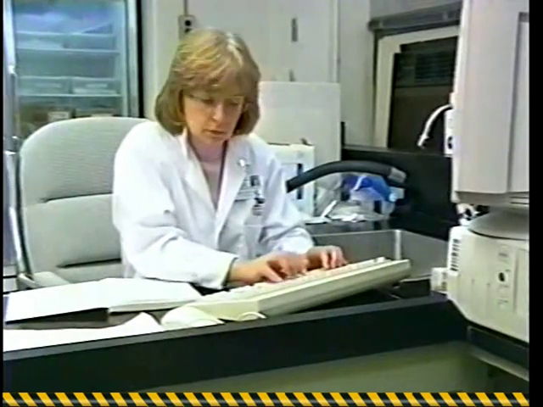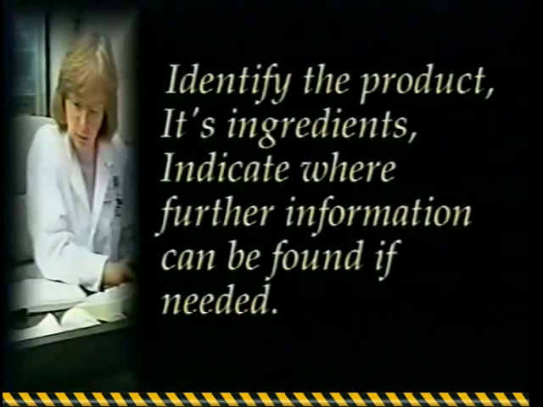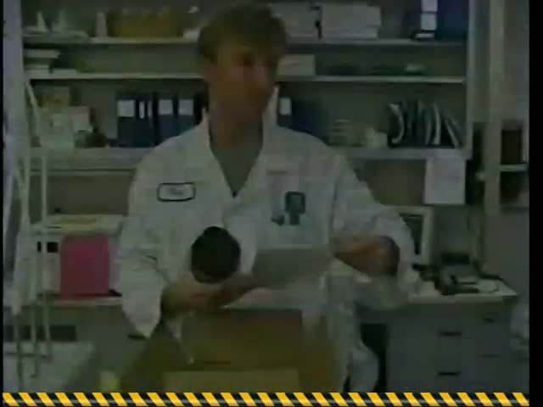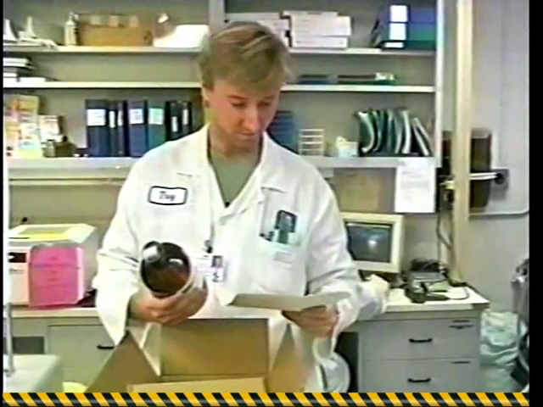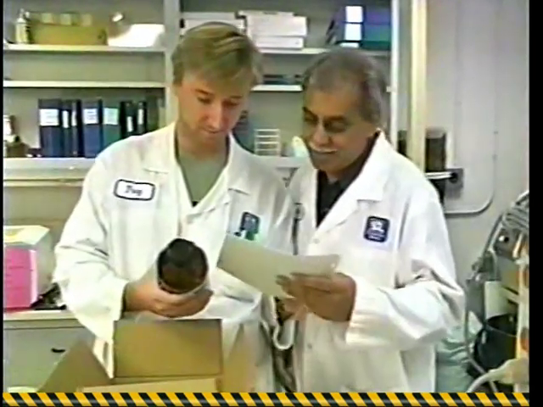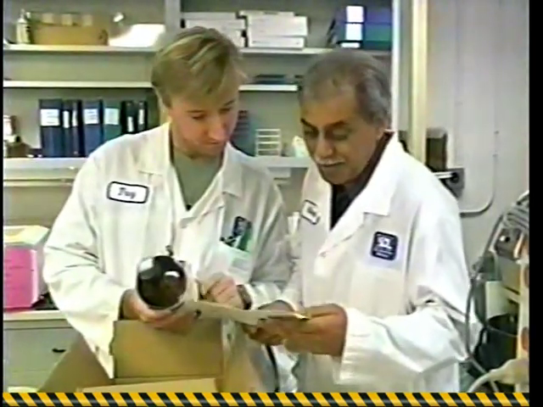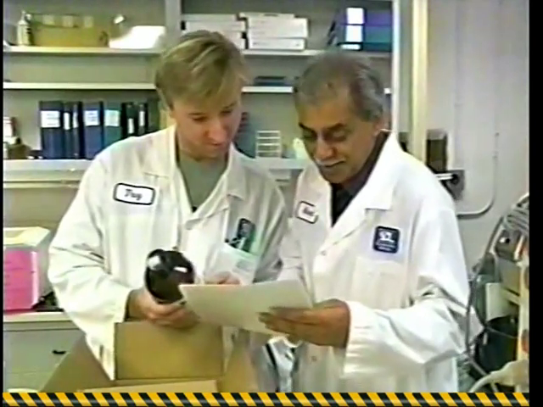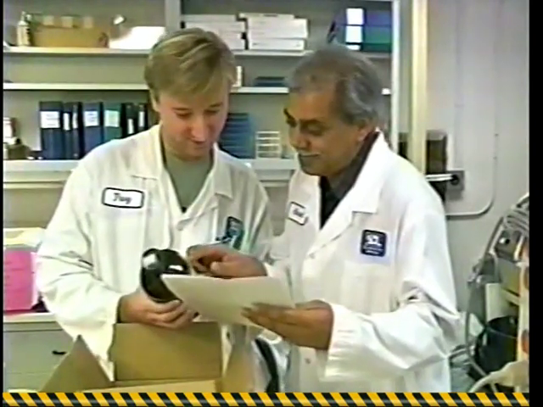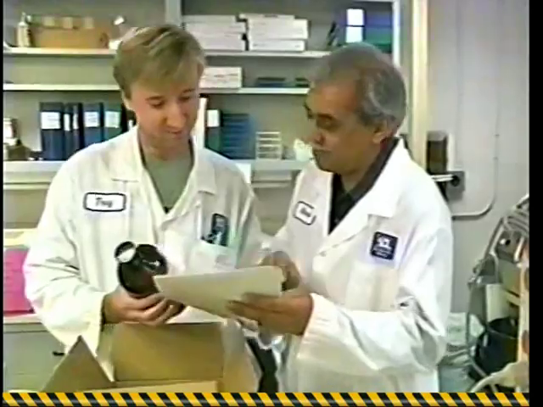This unique identifier must identify the product, its ingredients, and indicate where further information can be found if needed. If you are a laboratory technician, technologist, researcher, or other laboratory personnel, be sure to ask your supervisors more about the special application of WHMIS to laboratories during your job-specific training.